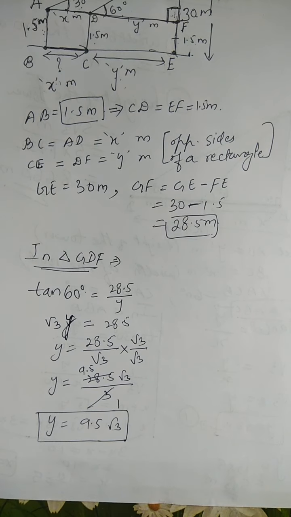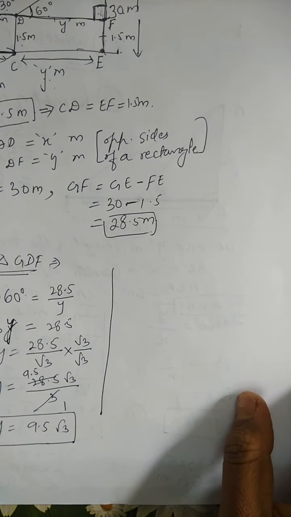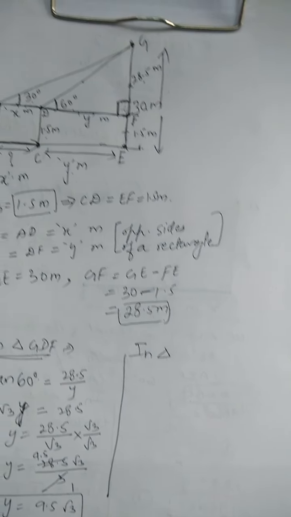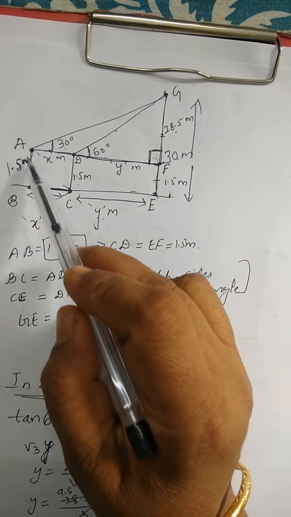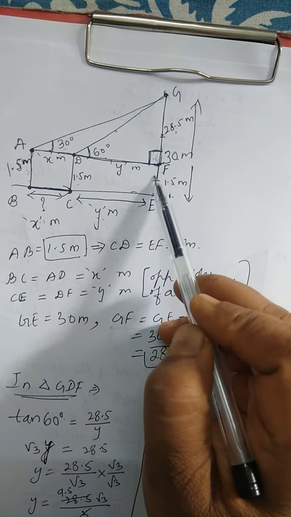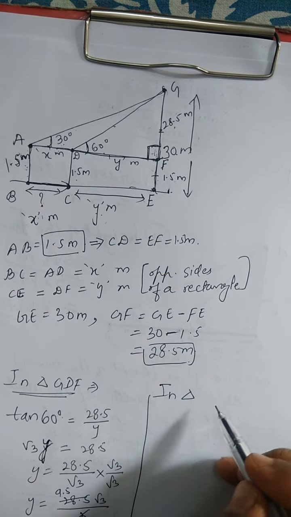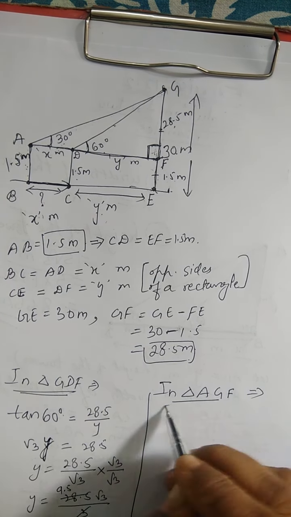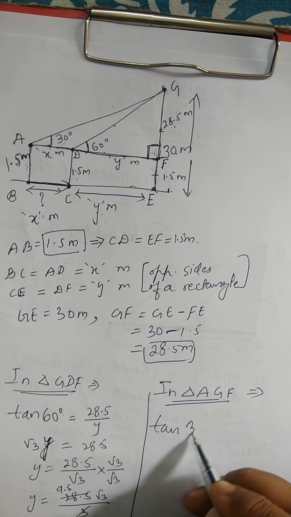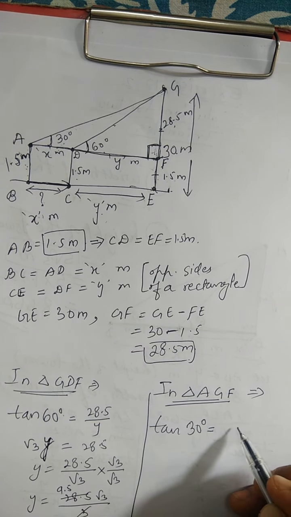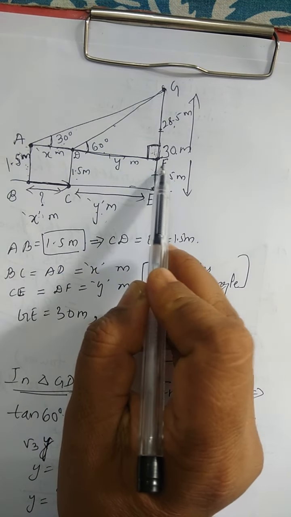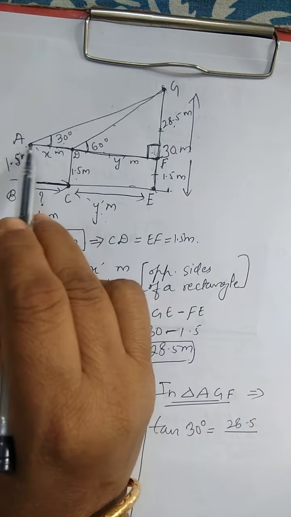What is the value of y? 9.5 root 3. Now use another triangle. Which triangle do we have to consider now? The other right angle triangle, this bigger one. What is the name? AGF. tan 30 degrees is equal to the opposite side, which is the same 28.5, but the adjacent side is bigger; this full side is adjacent.